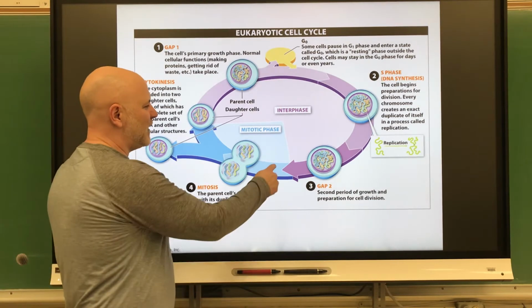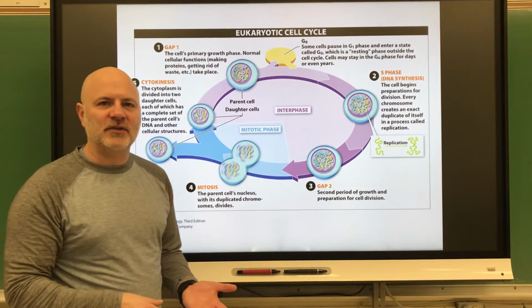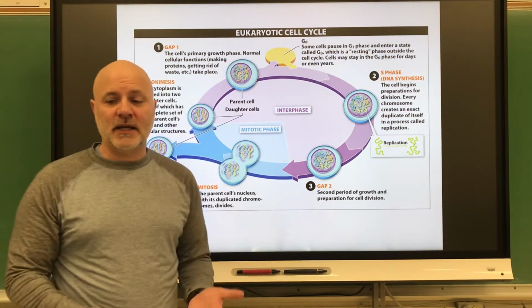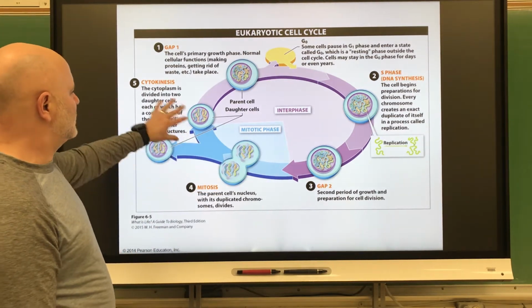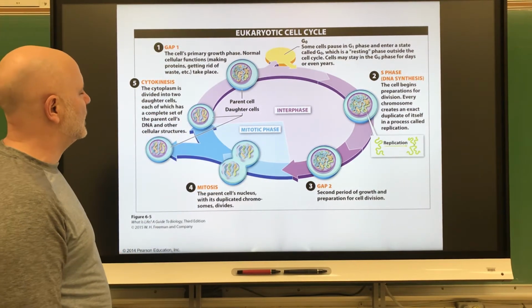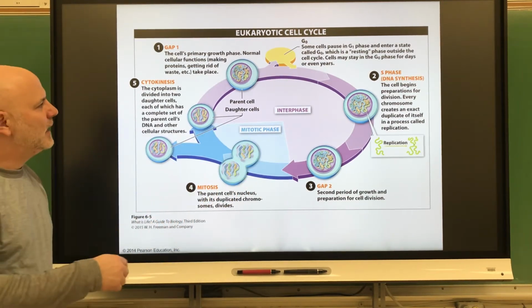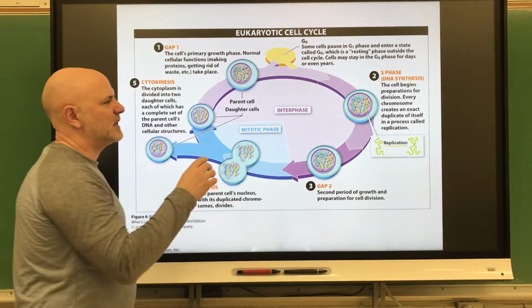The next phase is the M phase, and the M phase is the entire cell division stage. This includes mitosis as well as cytokinesis. At the end of this, we have two cells, and then we can start all over again. Now, if you see here in purple, it says interphase.